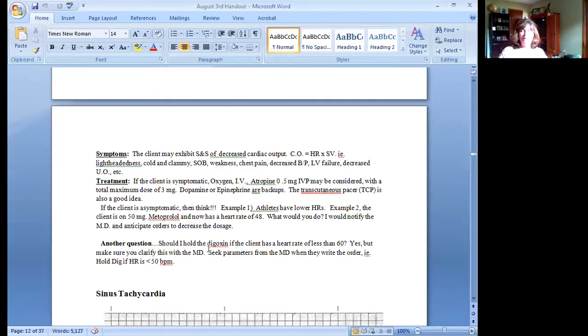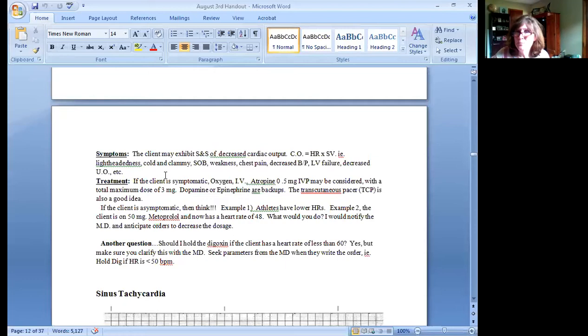Dr. Dugan would be talking to me in an unpleasant tone if he knew I held the DIG for a heart rate less than 60. He's going to give me specific parameters of when he wants me to hold that DIG. So establish a rapport with the physicians and you'll have a much happier life, trust me, because we are the eyes and the ears for the docs. They're there, you know, 5 minutes a day and we're there 24/7.